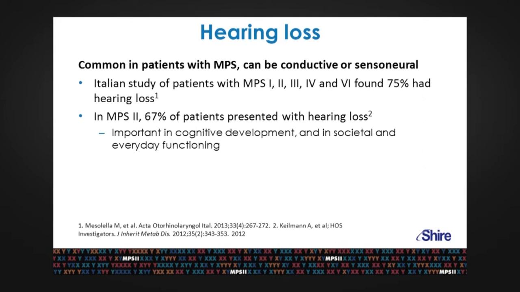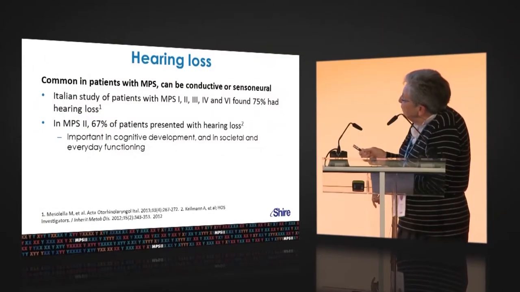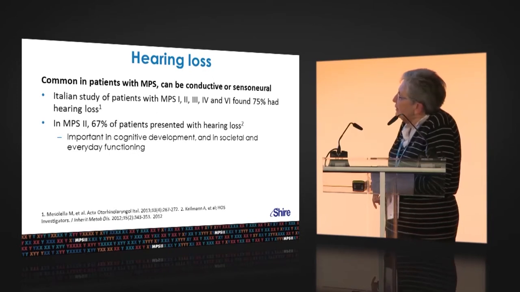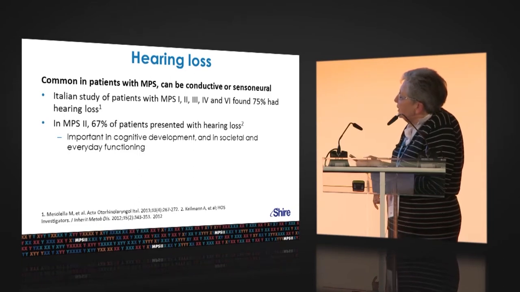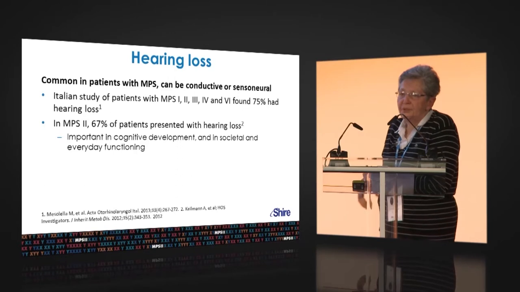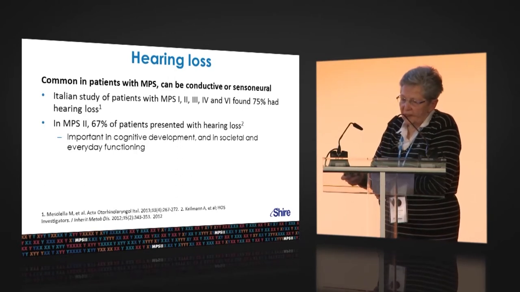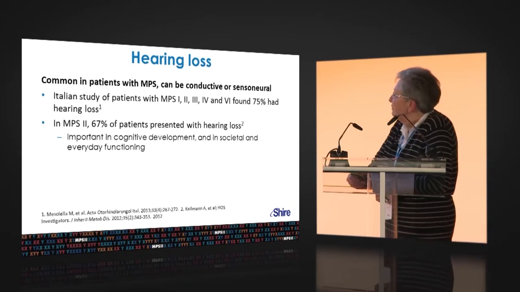Italian studies showed that 75% of all these MPSs together present hearing loss. And from Holt's data in MPS II, 67% of all patients present hearing loss, which is important, of course, in their cognitive development and in general social and everyday functioning.